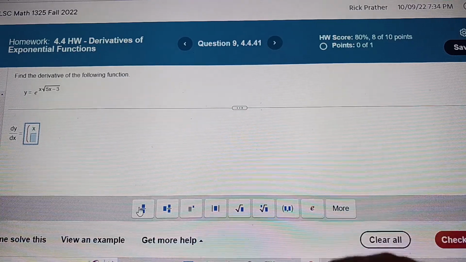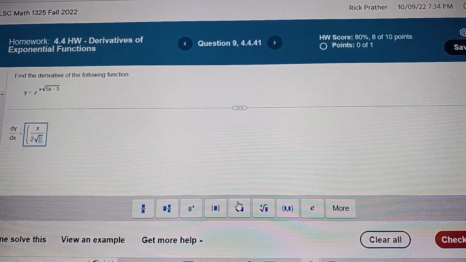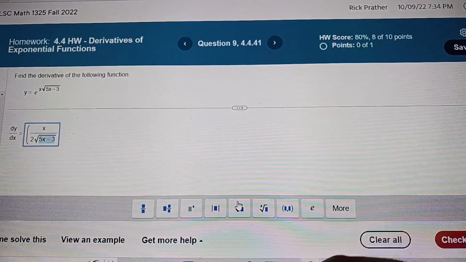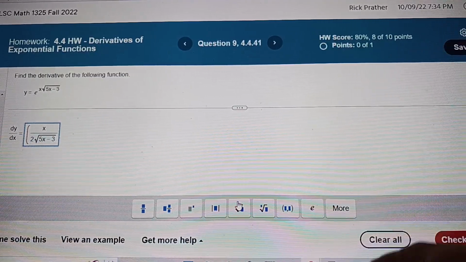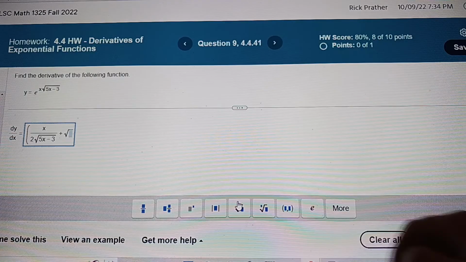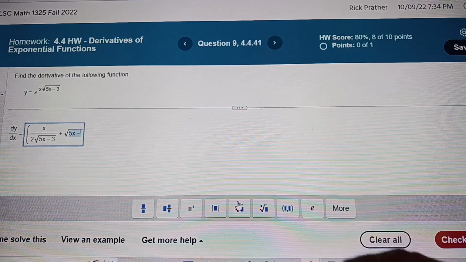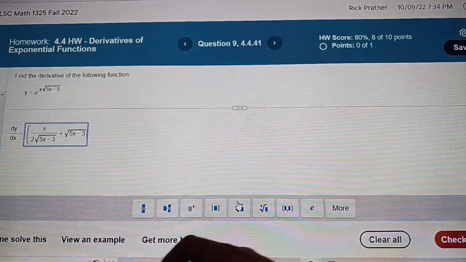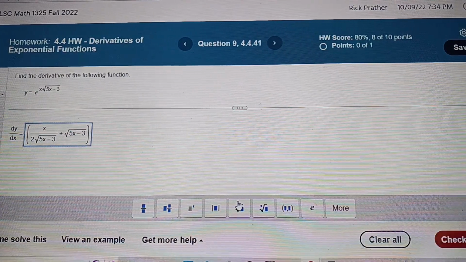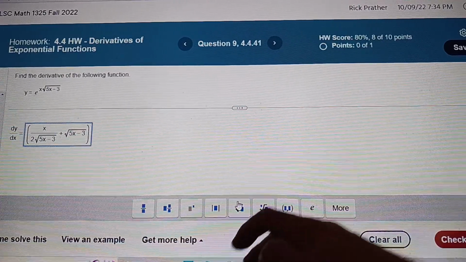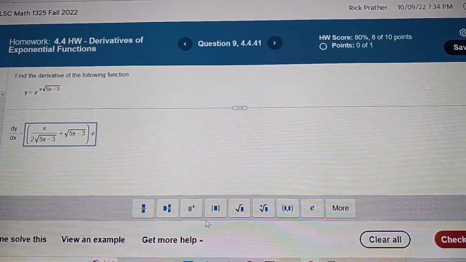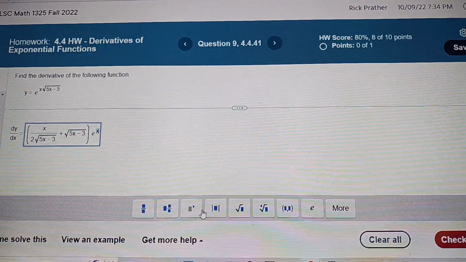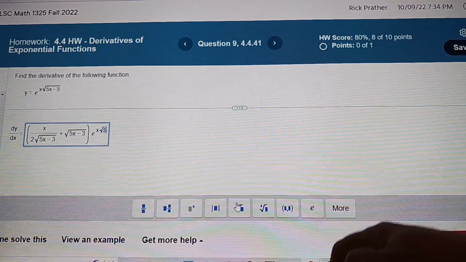x over 2 square root of the 5x minus 3 plus the square root of 5x minus 3. There. And then times the original e to the x square root of 5x minus 3.